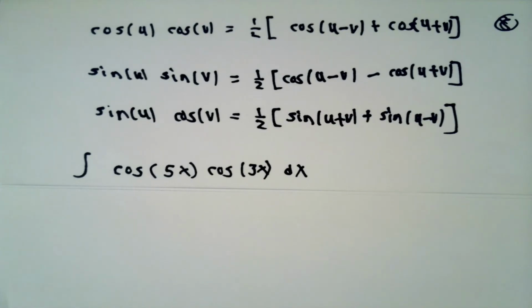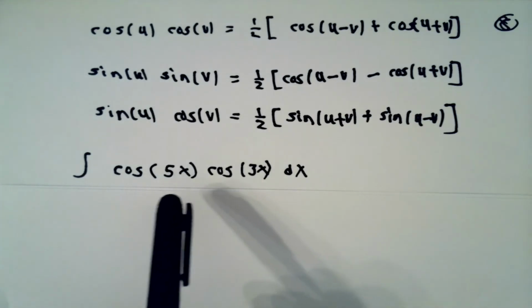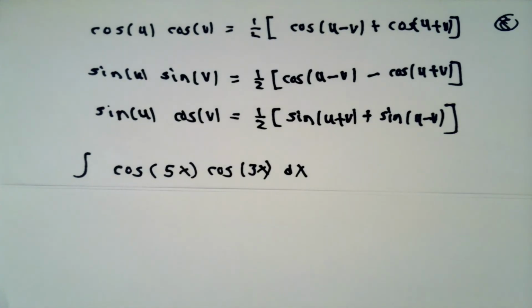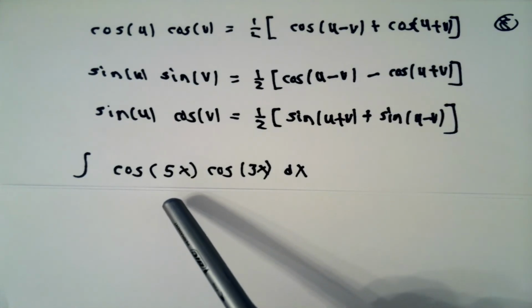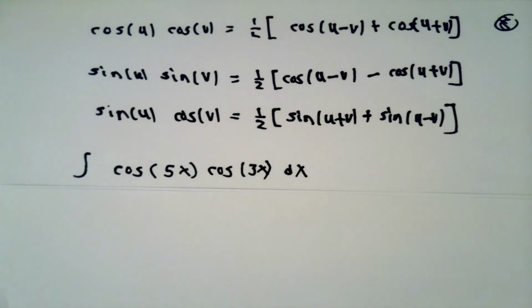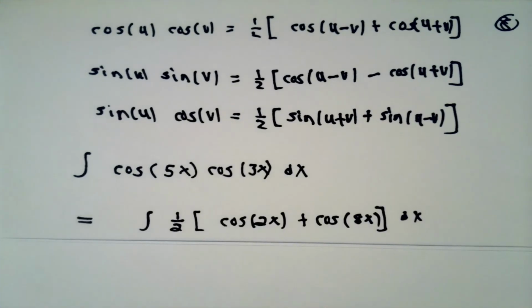The first is the cosine of u minus v, the cosine of 5x minus 3x, the cosine of 2x. The other, cosine u plus v, is going to be cosine of 5x plus 3x, that is to say cosine of 8x. So I have to integrate 1/2 times the quantity cosine 2x plus cosine 8x. Obviously, I can take the factor of 1/2 out front, and what remains is easy to integrate.